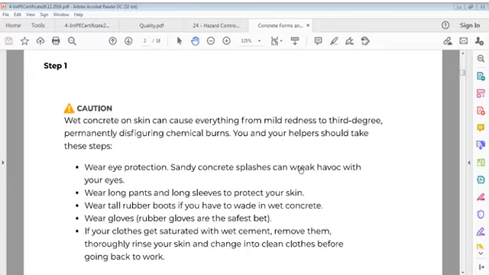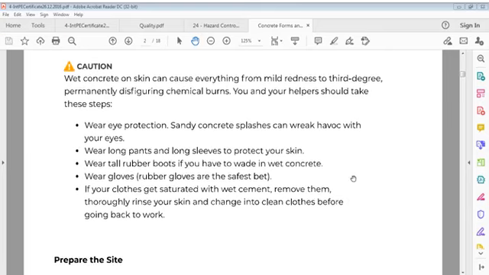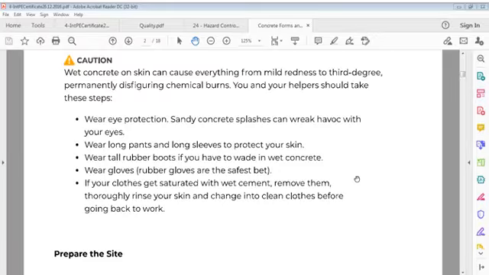Wet concrete on skin can cause permanently disfiguring chemical burns. You and your helpers should take these steps. Wear eye protection. Sandy concrete splashes can wreak havoc with your eyes. That's true. Wear long pants.